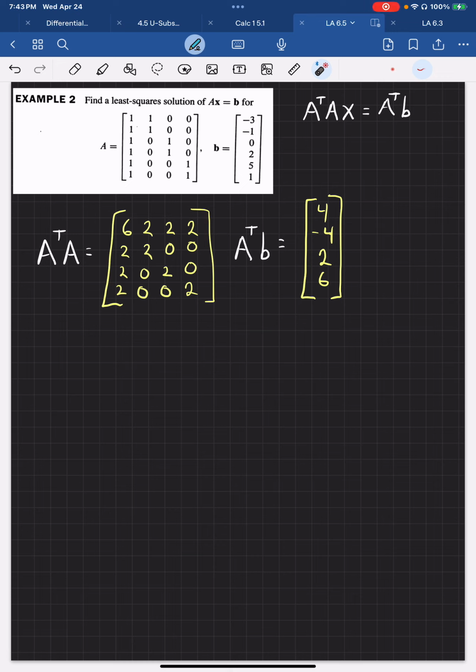But I've went ahead and computed A transpose A, and I've computed A transpose B. So in other words, I know what to plug here, what to plug here. At that point, if you can just imagine that you have substituted here, you would be at the point where you would set up a matrix and row reduce.